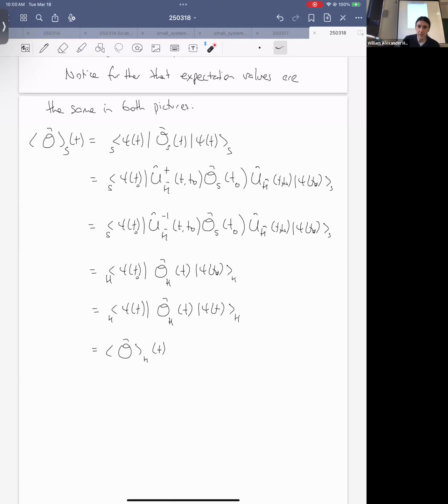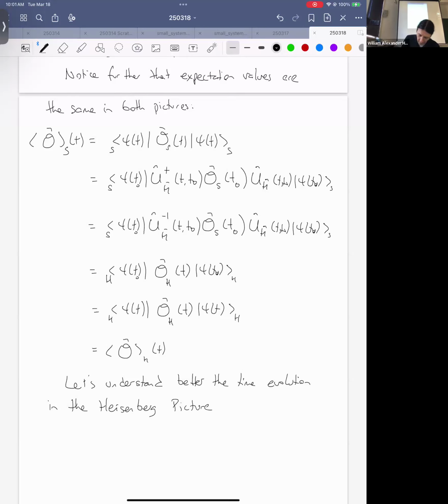Okay. So let's understand time evolution better in both pictures. Well, in the Heisenberg picture, really, as you've already spent a lot of time understanding time evolution in the Schrödinger picture.